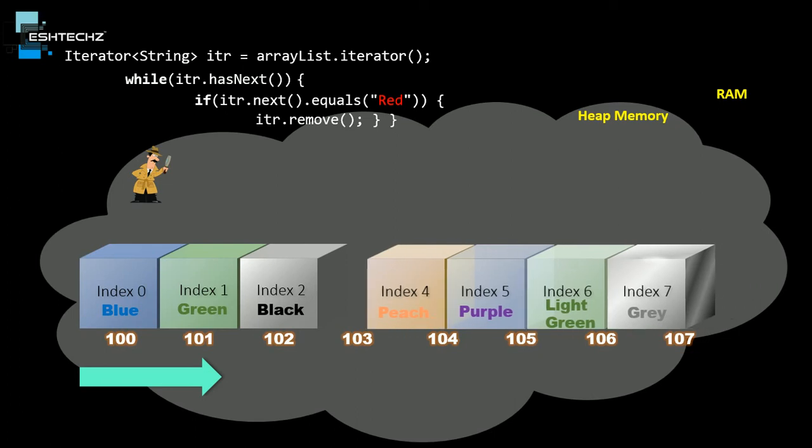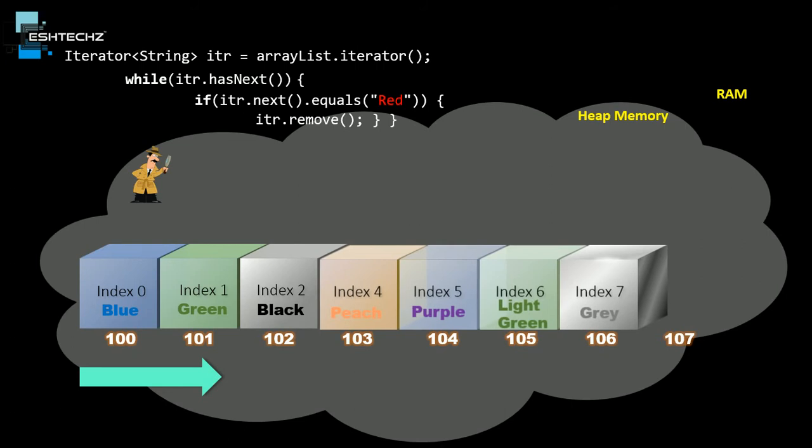So it will shift the remaining 4 elements, and now the element at position 7 will become empty or null. And if you try to get the value from that position, you will get an array index out of bounds exception.